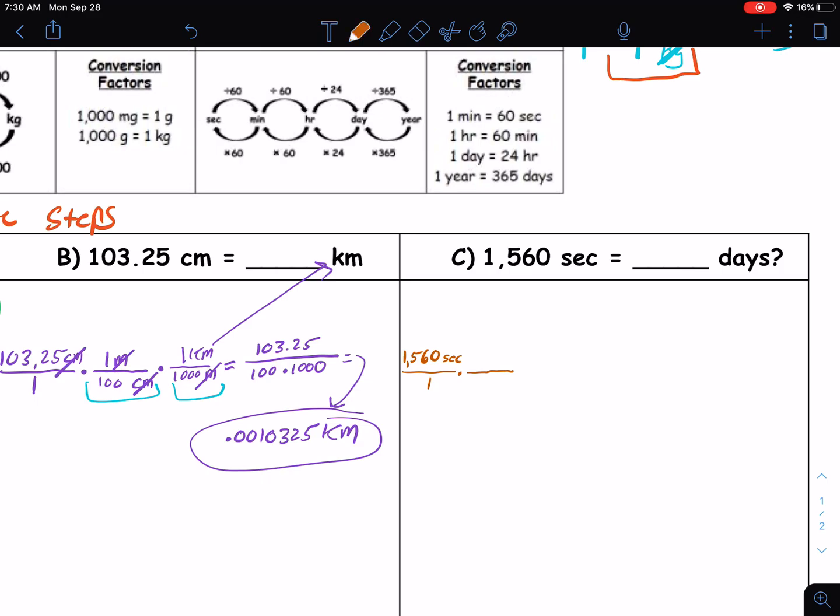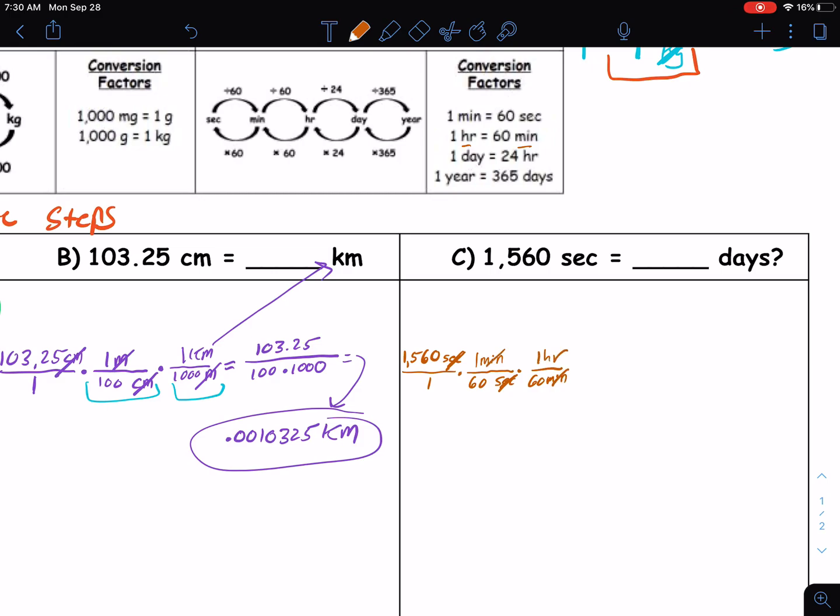In this first case, we have seconds in the numerator, so let's put seconds in the denominator. We see that 60 seconds equals 1 minute. The seconds cancel, but we're still not done. We don't have days on the top yet. So now, what can we turn minutes into? According to this, we can turn minutes into hours. So 60 minutes equals 1 hour.